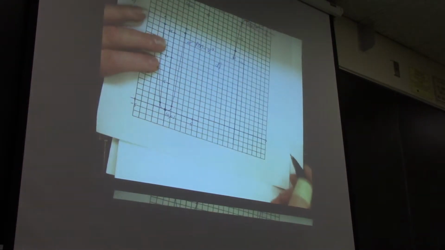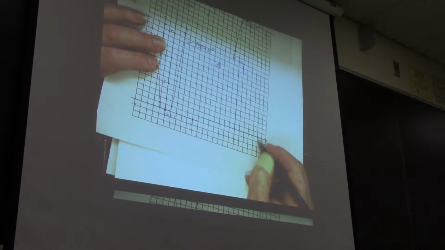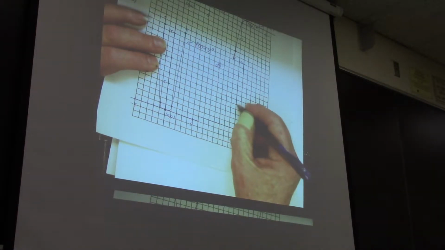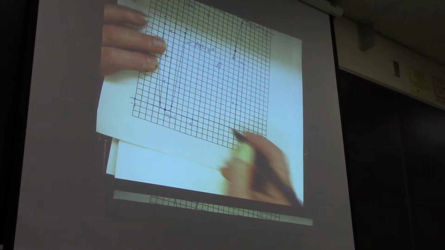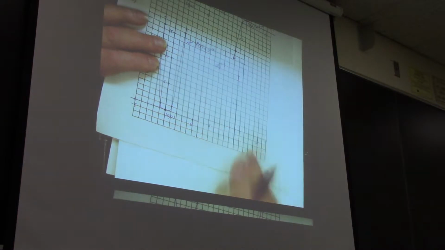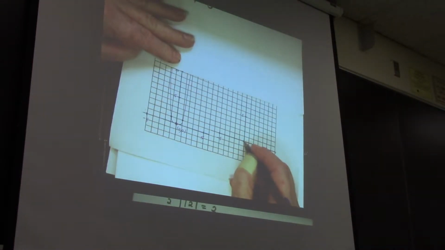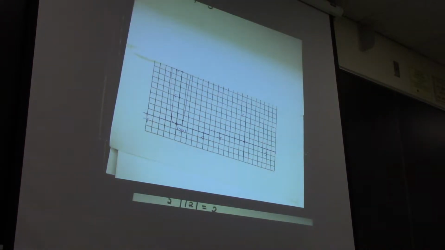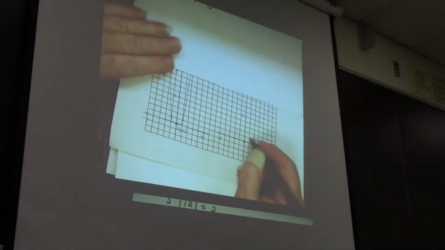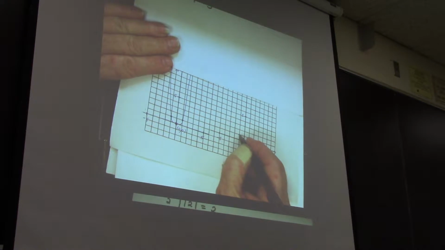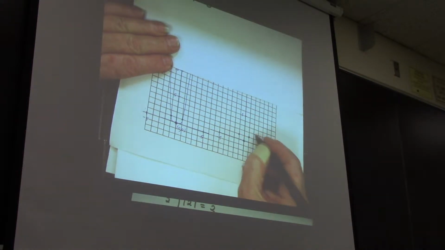All right, so 1 square, 1 unit. I've got 0, 0. This is the way I typically plot it in the future. I've got 1, 1. I've got -1, 1. I have 2, 2.